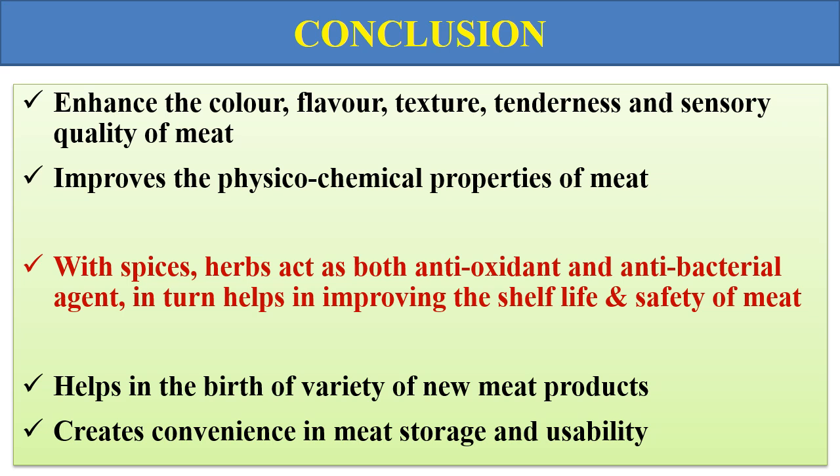So we have discussed the basic aspects: what is marination, what are its advantages and purpose, what are the ingredients, and then the several methods, the common methods and the modern methods. In the modern methods we had a detailed comparative discussion about the tumbling, tenderizing, injection and immersion methods, and from this we can conclude some important points.